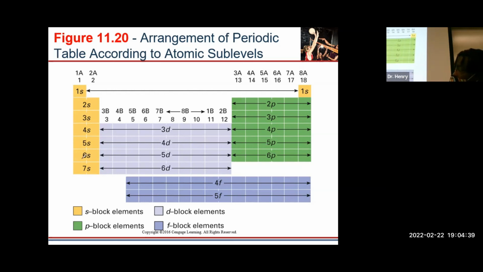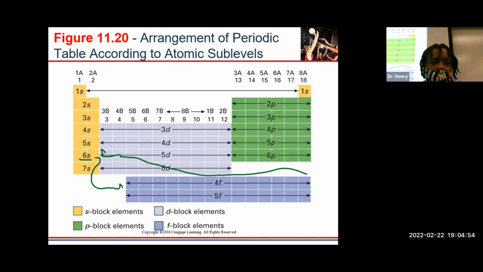Now, when you get down here at the 6s, it will actually shoot down to the 4f, and then shoot back up to the 5d. Okay, so let me show you that.